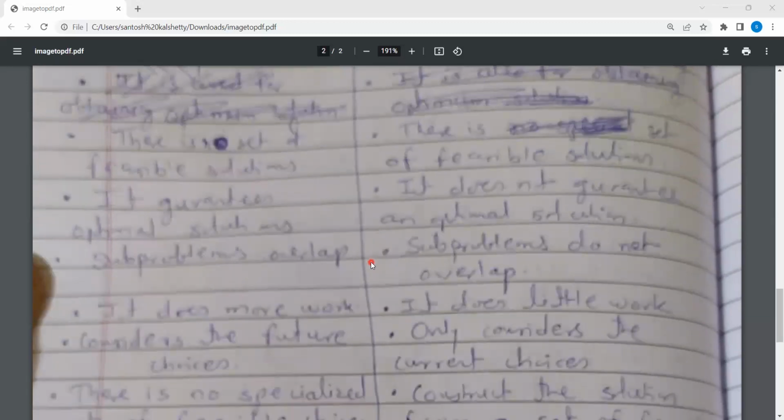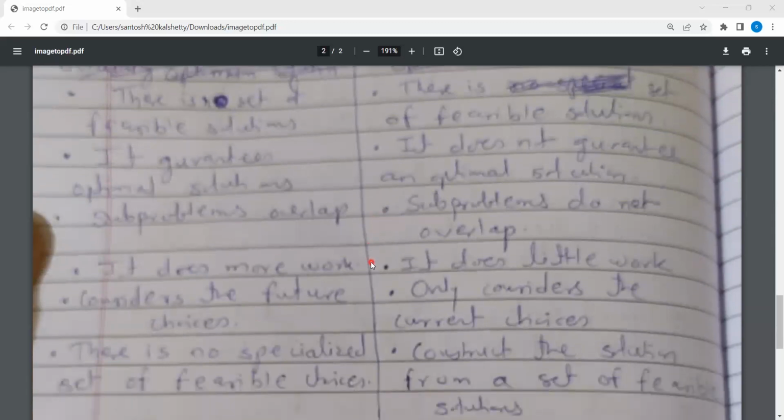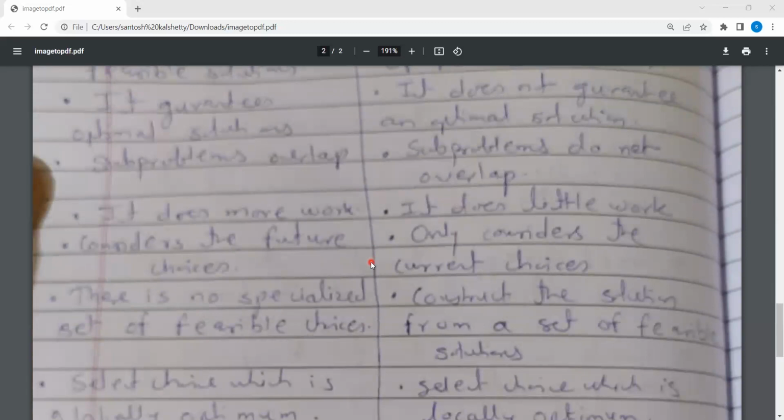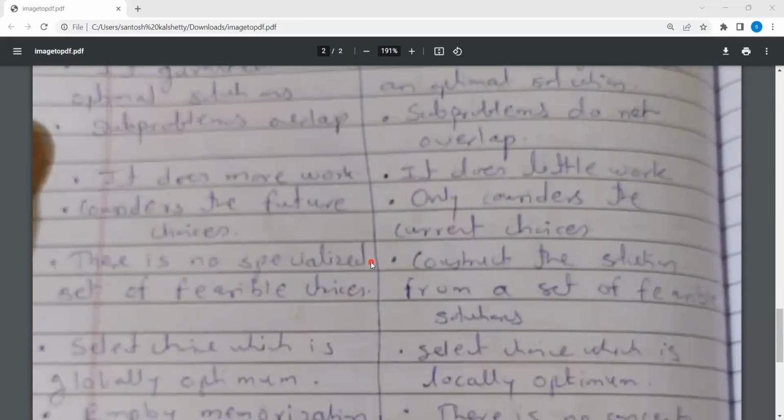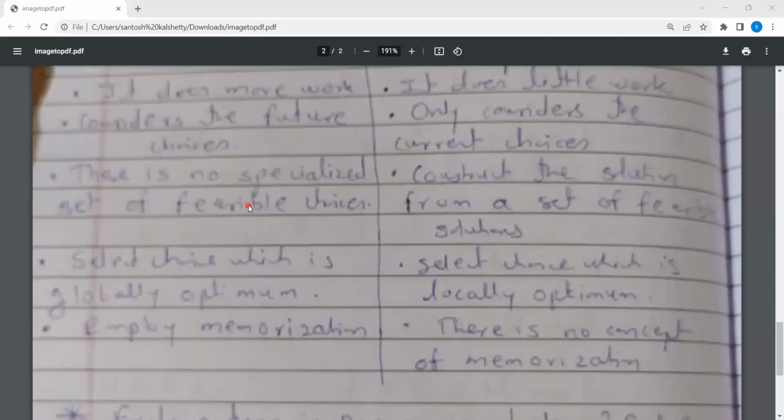Dynamic programming guarantees optimal solutions, and greedy does not guarantee an optimal solution. In dynamic programming, subproblems overlap, and in greedy, subproblems do not overlap. Dynamic programming does more work, greedy does little work. Dynamic programming considers future choices, and greedy considers only the current choices.